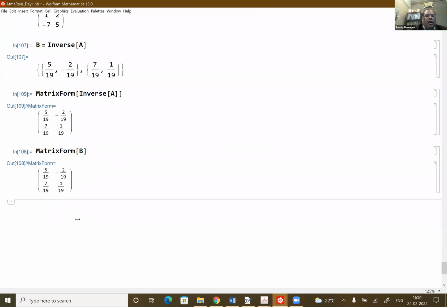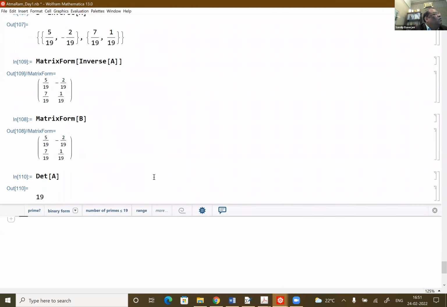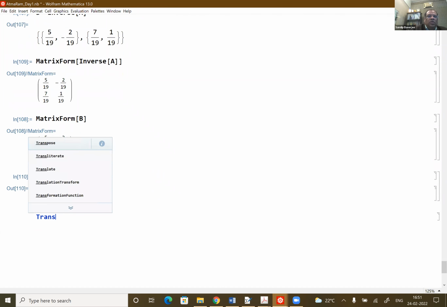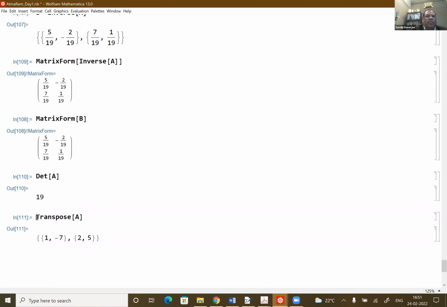If you want to find the determinant of A, so it's 19. If you want the transpose, all possible operations, and I want the matrix form.